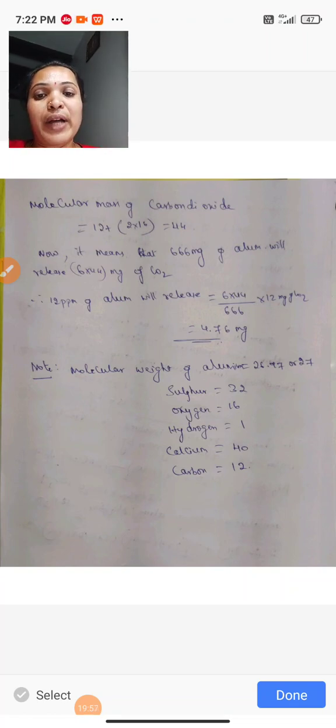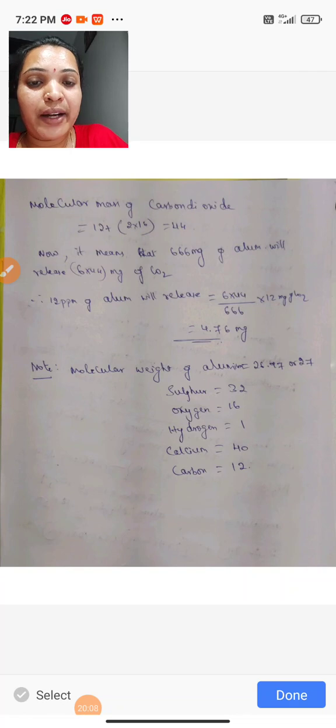Therefore, the 12 ppm of alum will release 6 into 44, that is 6 CO2, 6 into 44 being the molecular mass of the carbon dioxide, divided by 666, the molecular mass of the alum, multiplied with 12 mg per liter, the alum dosage.